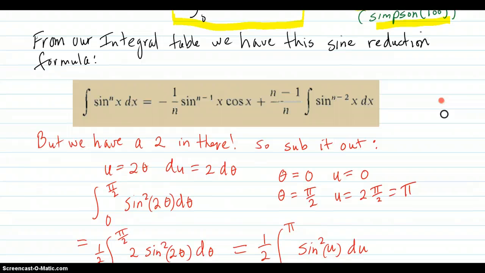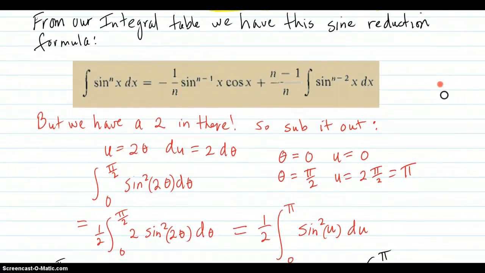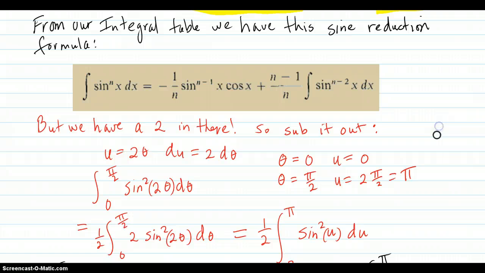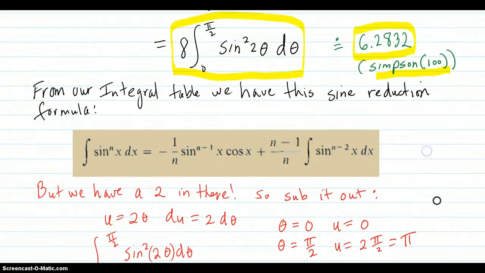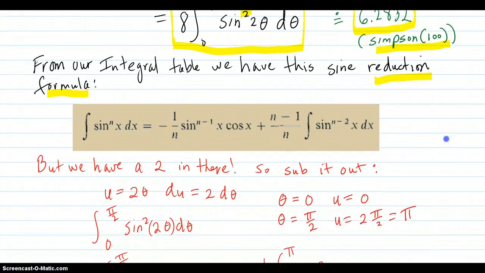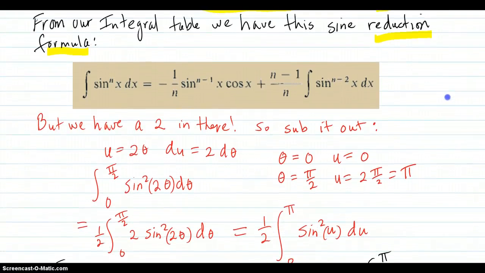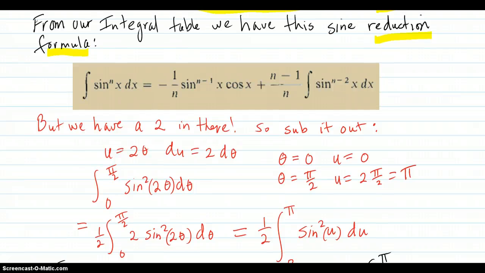But if we wanted to figure it out and we were required to do that, then you'd be using, it's sine squared up there, and there's a reduction formula for that, the sine reduction formula, which you have on your sheet. So it's right here.